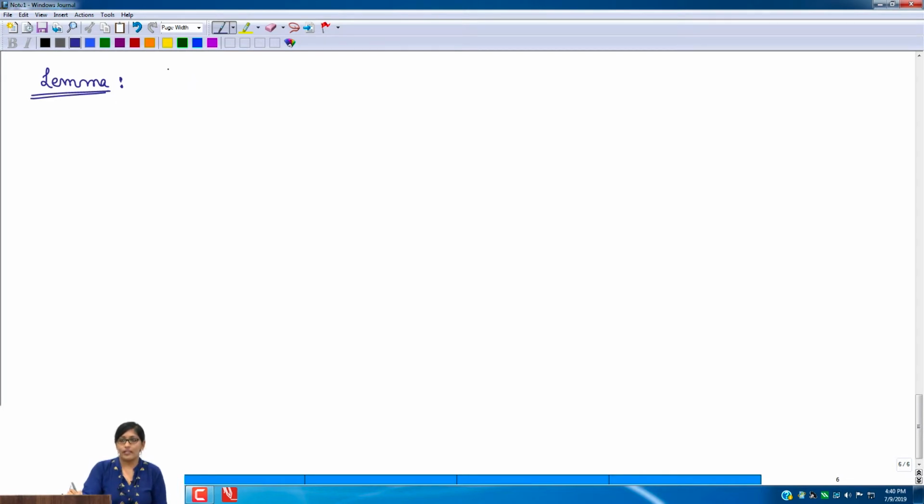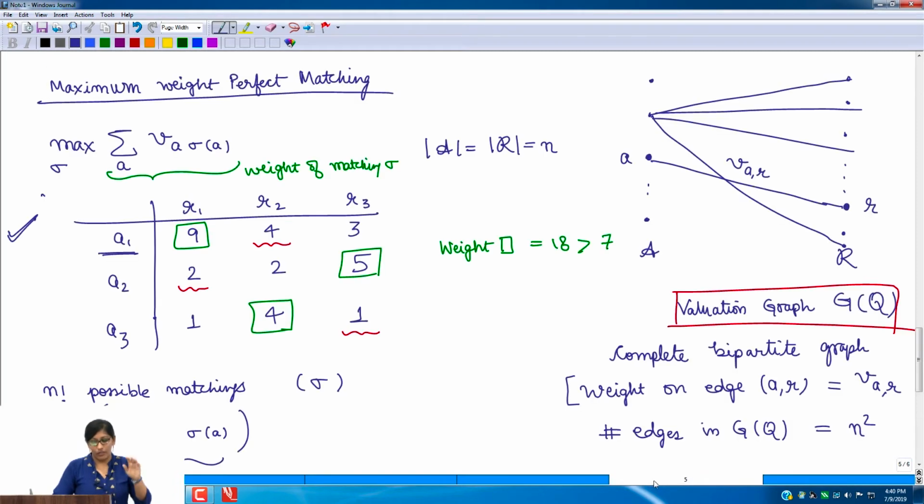The lemma says that I've been given a rent division instance, and given the instance, I can construct a valuation graph, because I'm being given all those base values. Compute a maximum weight perfect matching in this valuation graph. And what the lemma asserts is that for this maximum weight perfect matching, you can always find a price vector such that the tuple sigma star, p star will be envy-free.